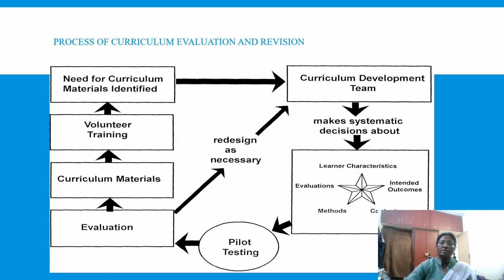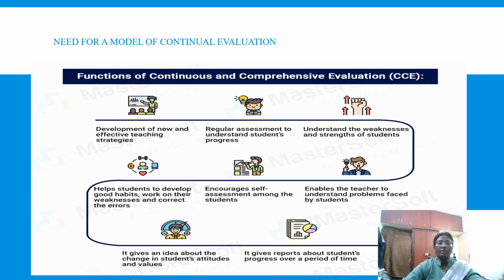If necessary, the evaluation and curriculum development team may redesign the evaluation part or the curriculum part, even the evaluation part also, and make a systematic decision about learner characteristics, intended outcome, method and evaluation. Then it goes again. This cycle continuously goes on one by one for curriculum evaluation and revision.